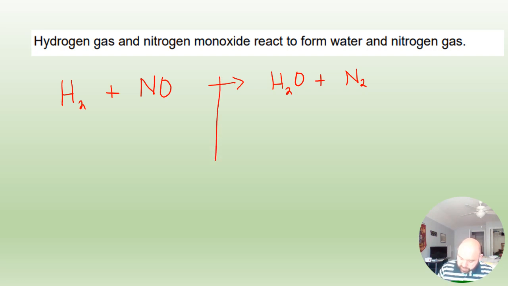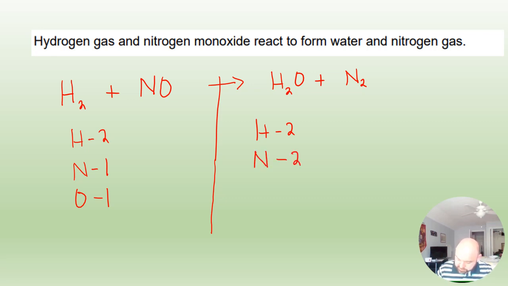We'll put our line here. I'd see 2 hydrogen atoms there, 1 nitrogen atom there, 1 oxygen atom there. I see 2 hydrogen atoms here, 2 nitrogen atoms, and only 1 oxygen atom. So everything is balanced here except for the nitrogens.